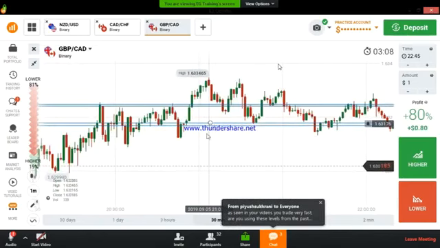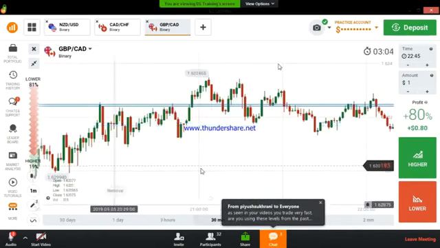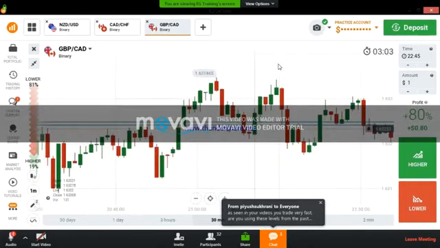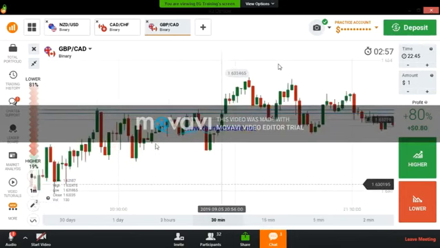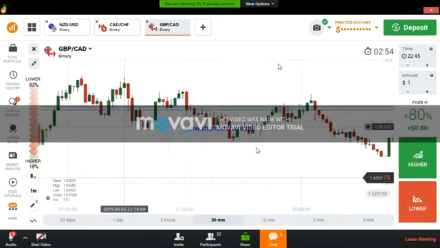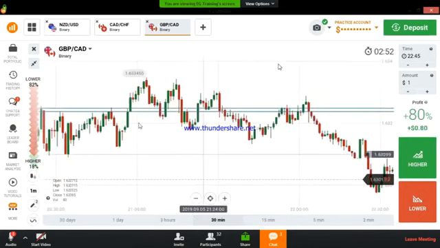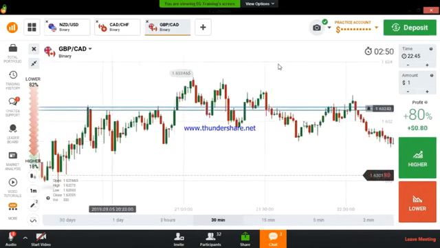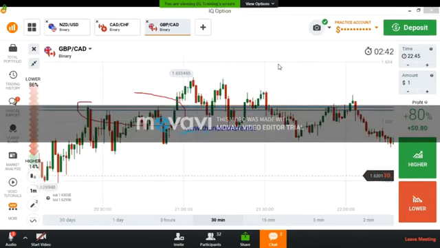Okay, I'm going to remove these levels and adjust the level. This level is a strong level here. We can trust this level only because the market is respecting this level mostly. We are seeing so many reversals from this level. So we can trade on this level confidently.